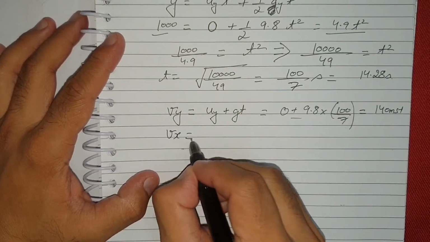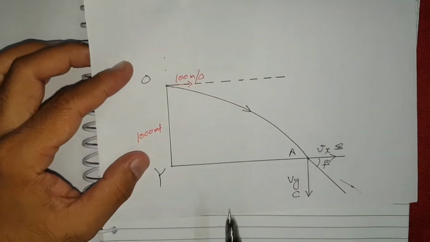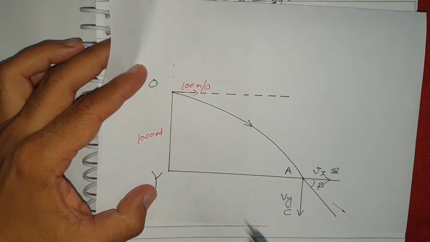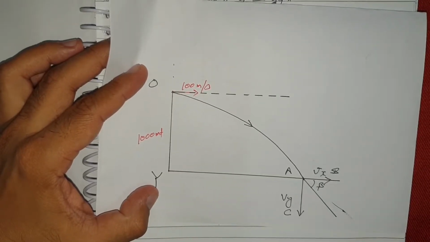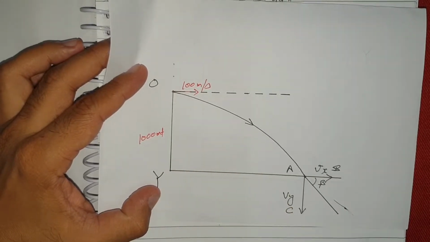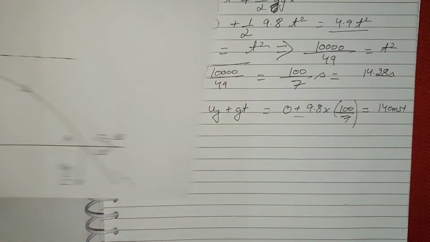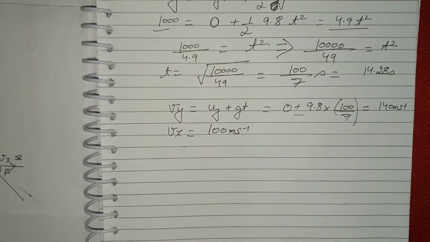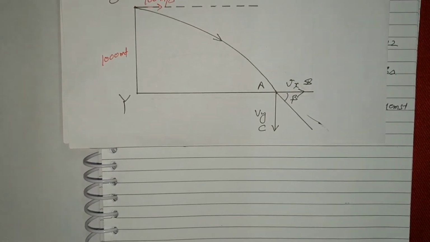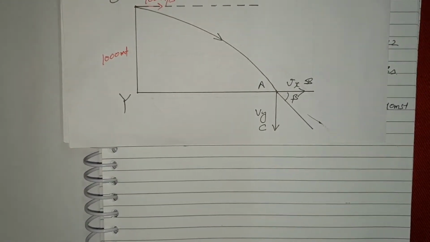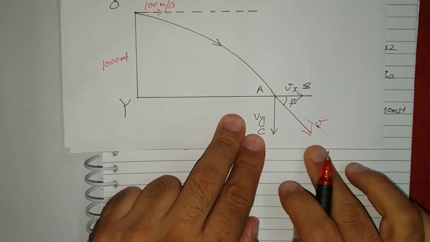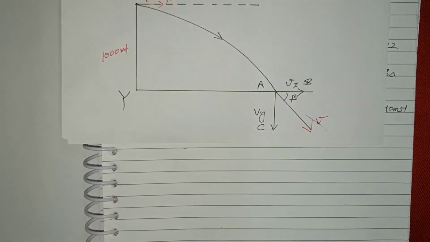Now what is Vx? Throughout this motion, the horizontal velocity will remain the same because there is no force or acceleration acting on it. So Vx will be 100 meter per second. Now V is the resultant of these two rectangular components.